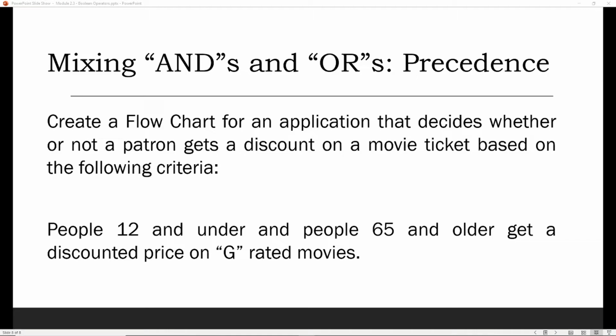So we should first talk about where the OR comes in here. Because you may be thinking, well, I can take the age of the user and check to see whether or not age is less than 12 and greater than 65. However, I want you to recognize that AND can only be used in mathematical cases where the intervals overlap.